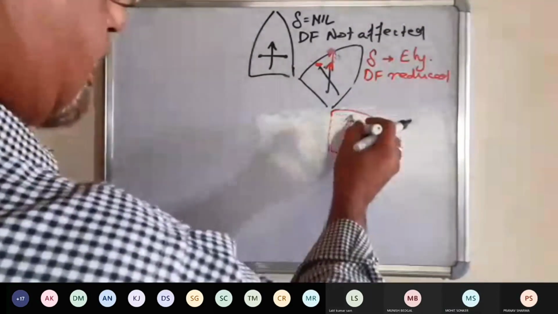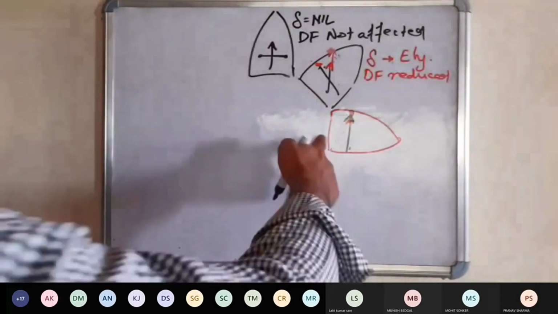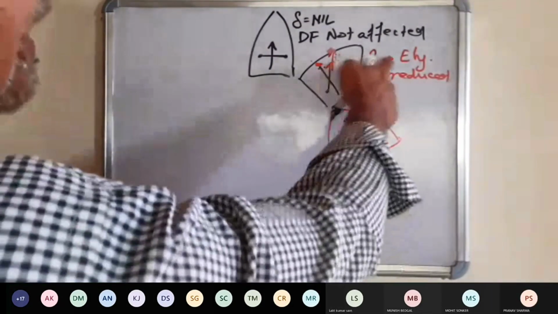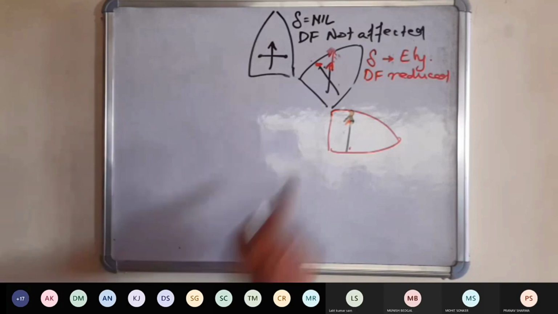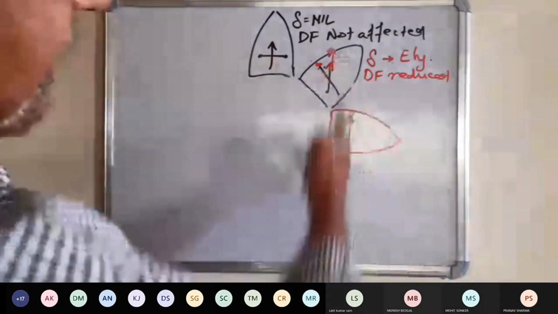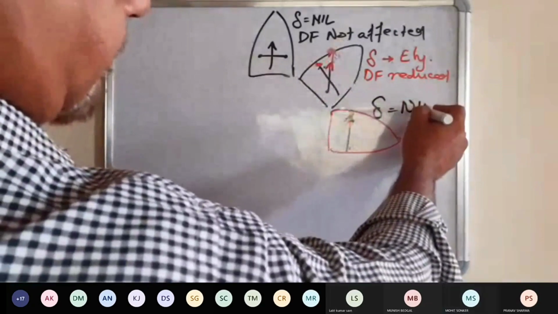This also like this, the poles also like this. So in this case, what is the deviation? It is not pulling this side or this side. They are in the same line. So deviation is nil.